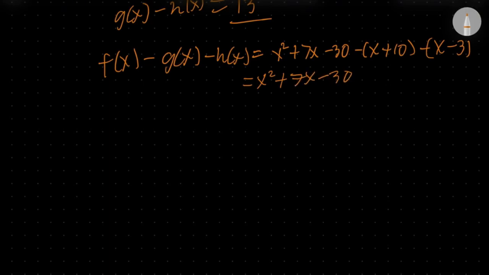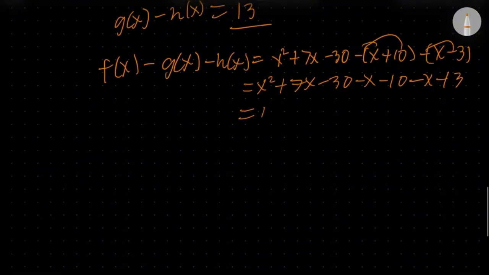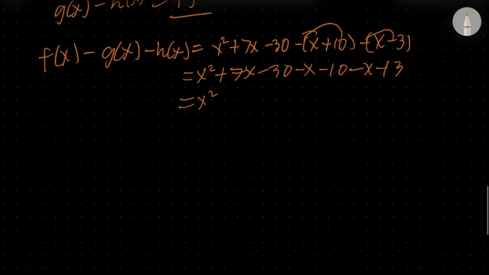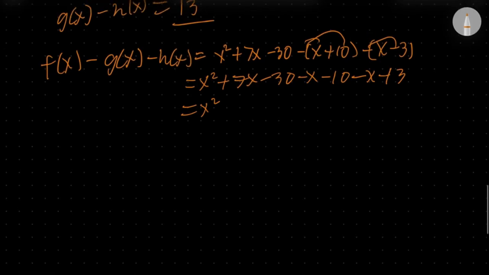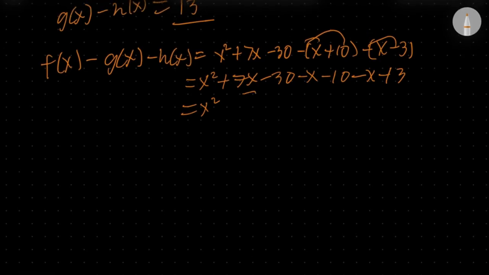Minus 30, x times negative is negative x, 10 times negative is negative 10, x times negative is negative x, 3 times negative is positive 3. And we're gonna combine like terms. 7x minus x is 5x.